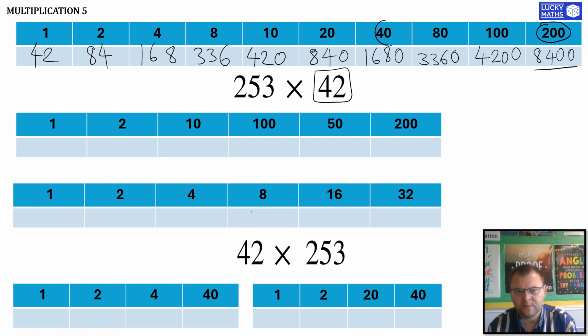I'm going to be interested in 40 and 10 because they add to make 50. Okay, so 250 and then 3 units. So that is the 2 and the 1, meaning some of these are not actually used in the final answer, which is fine. Okay, but basically there are still 5 components to add together.